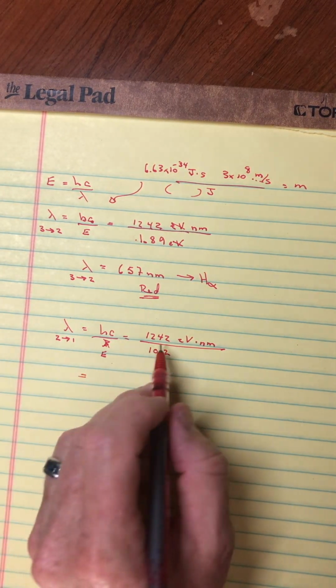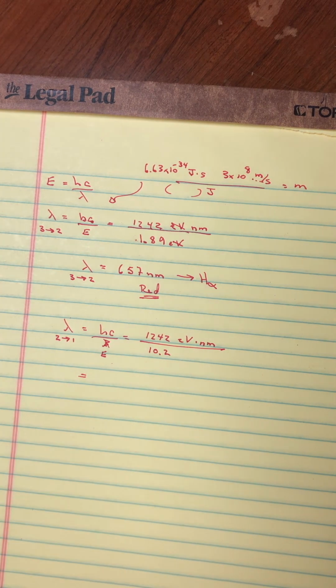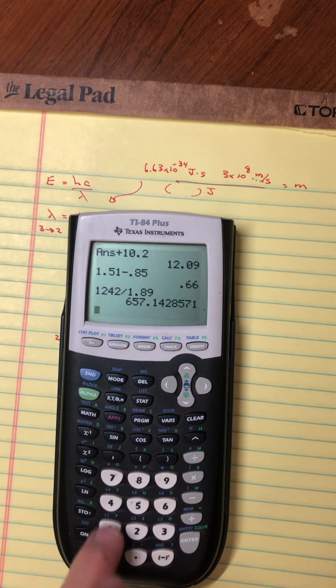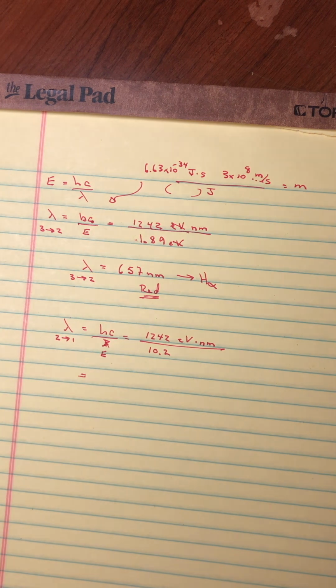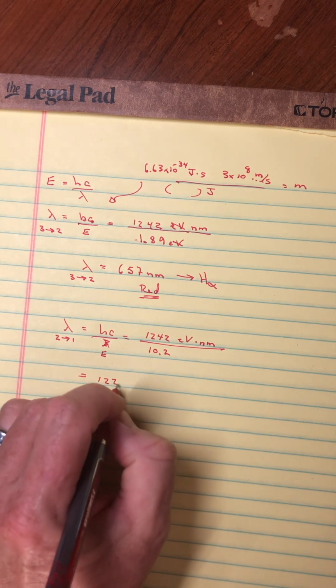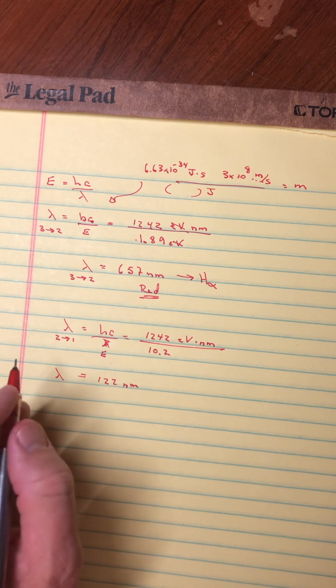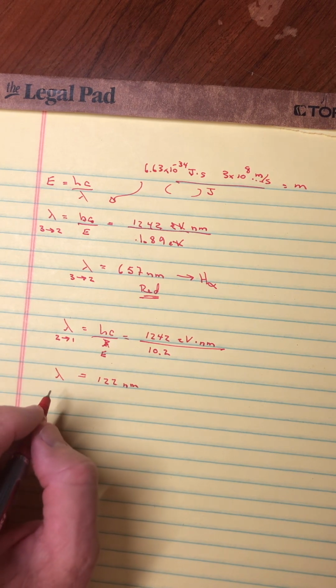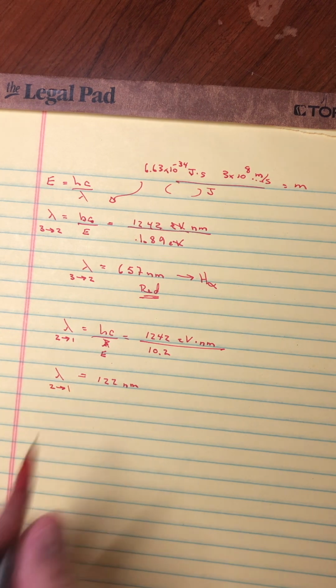If it was an even 10, you're looking at only 124 nanometers. It's going to be a little less than that, so I'll just call it 122. So 122 nanometers. Again, this will be in the ultraviolet, way into the ultraviolet. And so that's our transition from 2 to 1.